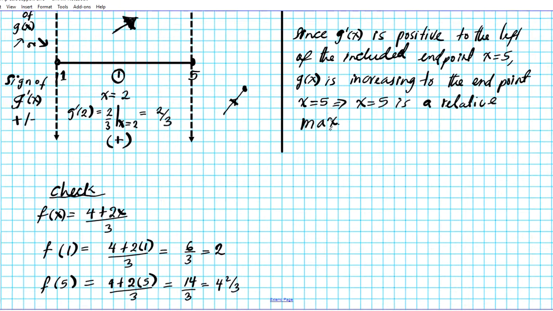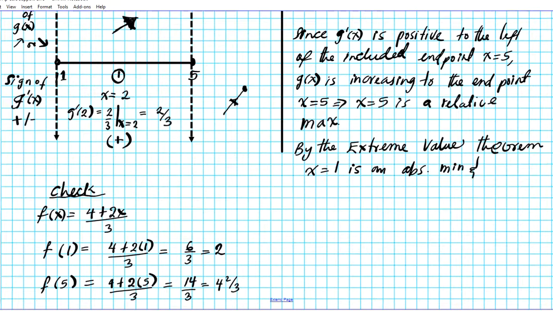Another point to indicate here: by the extreme value theorem, what do we know? By the extreme value theorem, x equals 1 is an absolute minimum, and x equals 5 is an absolute max.